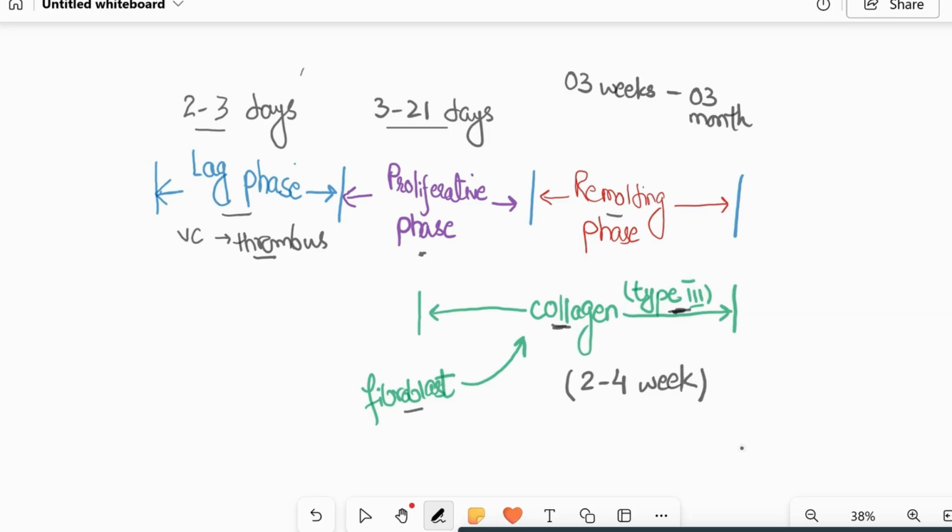The remodeling phase is from 3 weeks to 3 months. The collagen is ideally present between the 2nd to 4th week. Later, at the later end of the remodeling phase, this type 3 collagen will be replaced by type 1 collagen until we achieve a 4:1 ratio of type 1 to type 3.